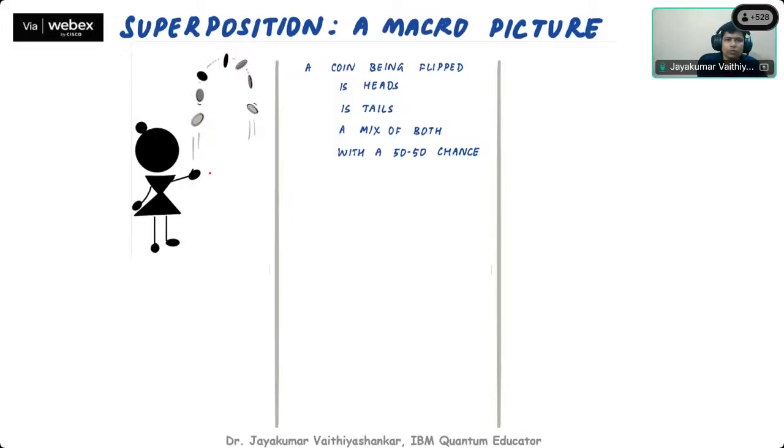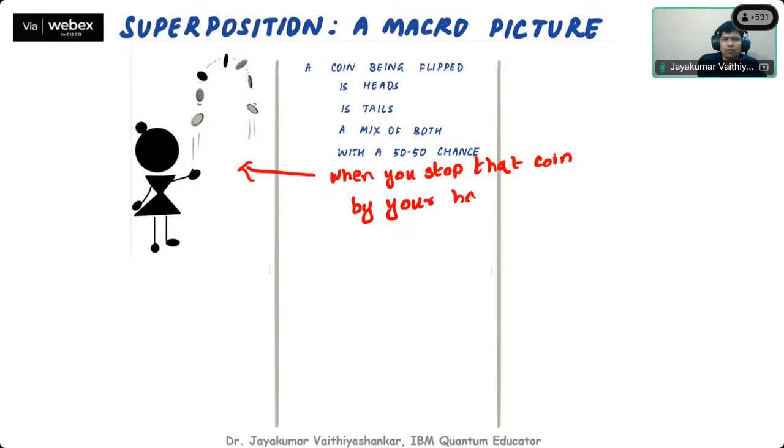When you stop that coin forcefully with your hand, it is an active measurement. This process is called active measurement.